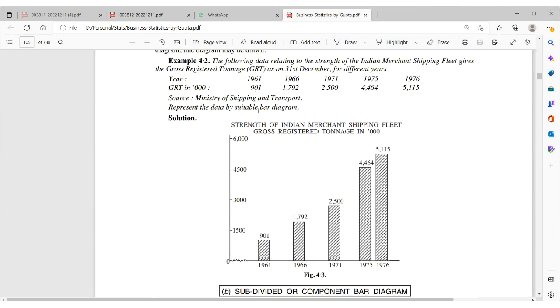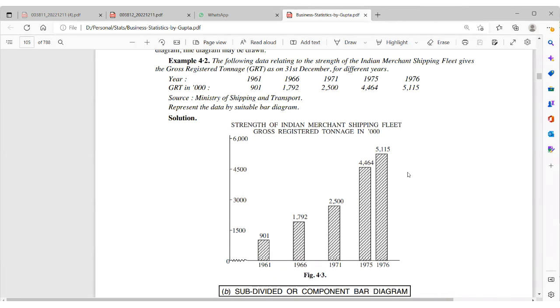The first one is what? 901. So tentatively we write 901 over this diagram. That means this rectangle represents the 901 figure. Similarly, the 1966 rectangle represents 1792 and so on like this. Right? So this is the bar diagram, simple bar diagram.